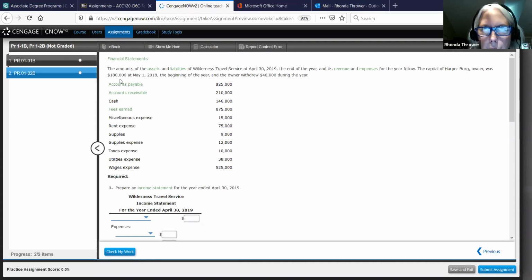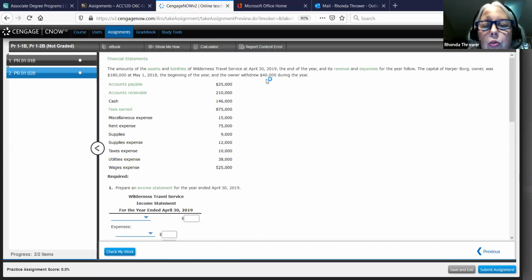You may remember that when we were calculating owner's equity in the previous problem, we were doing it for a company that had not been in business for a while. This company has been in business for a while, so they have some beginning owner's equity they're starting with, and that beginning owner's equity is $180,000 at the beginning of the year.